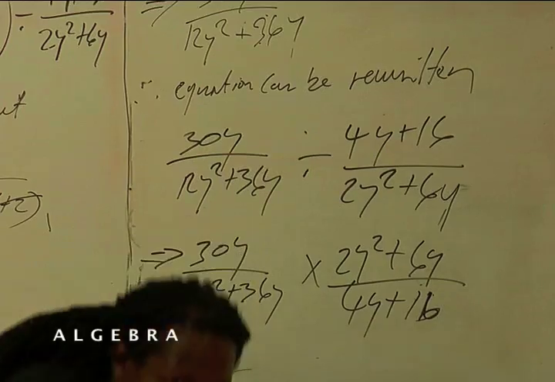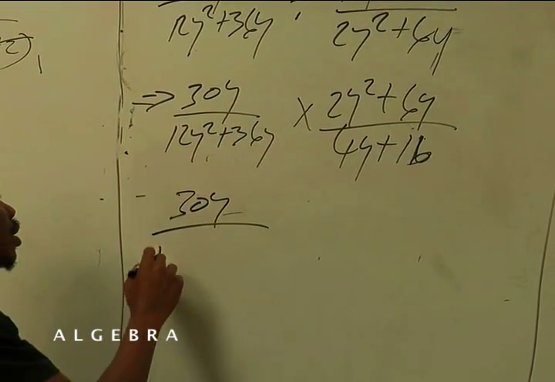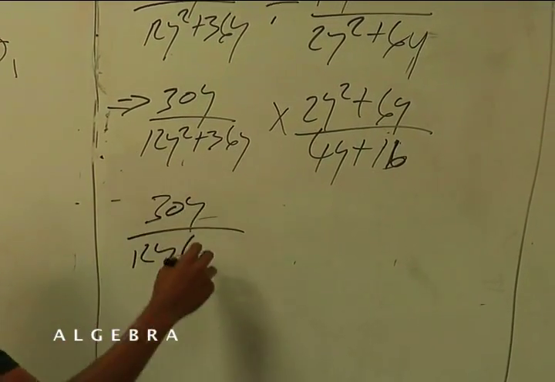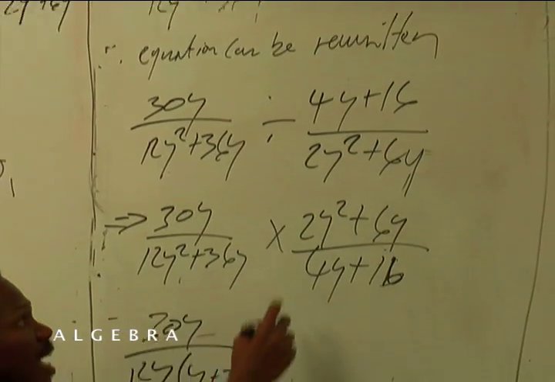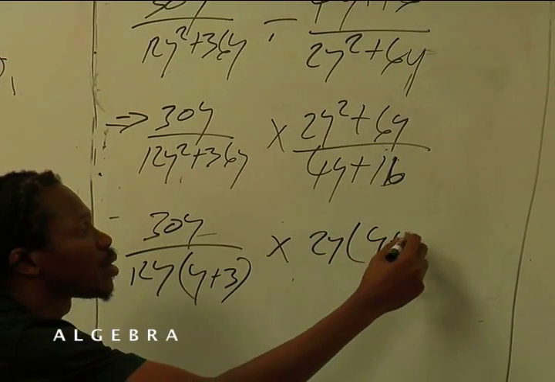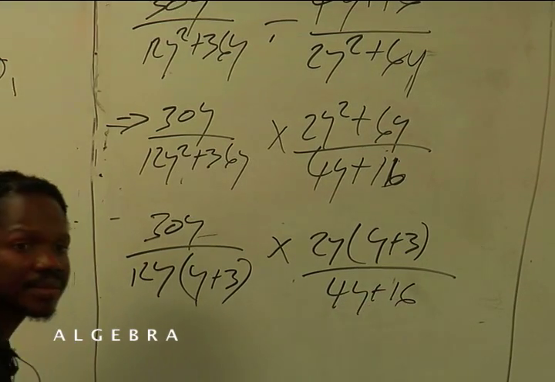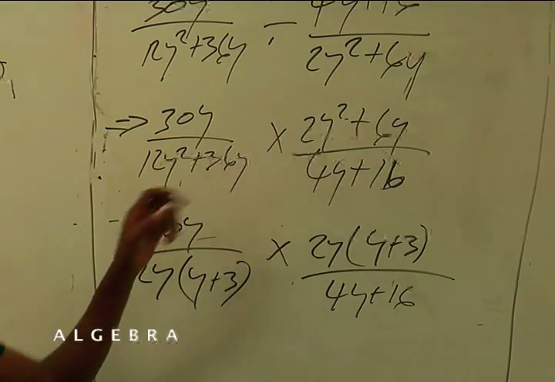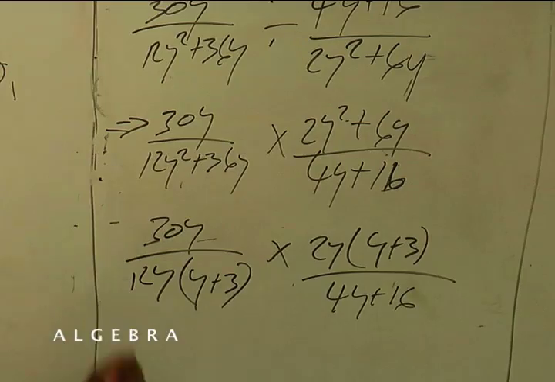I'm going to use 12y. So 30y over 12y, bracket y plus 3, times 2y, bracket y plus 3, over 4y plus 16. You see that? I factorize this and I factorize this.